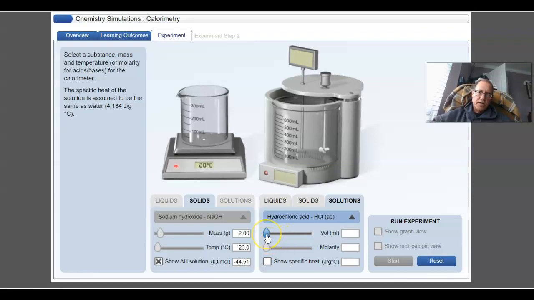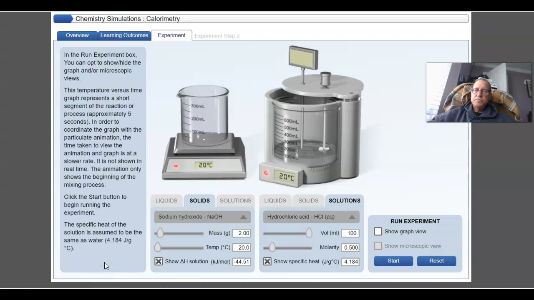We want to have 100 milliliters or 100 grams. And we max it. Okay. So 100 grams there. Molarity. What do we want? We want 0.5 in this case for our molarity.